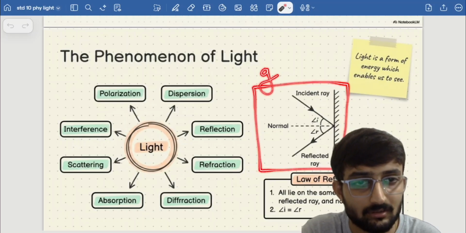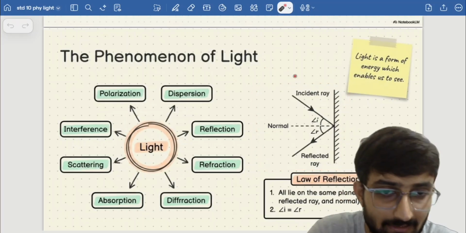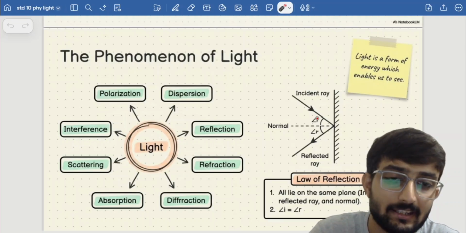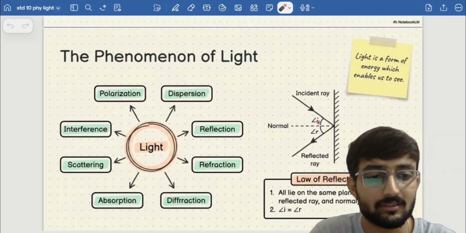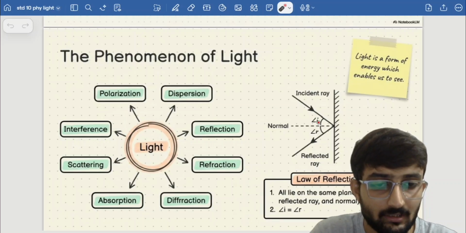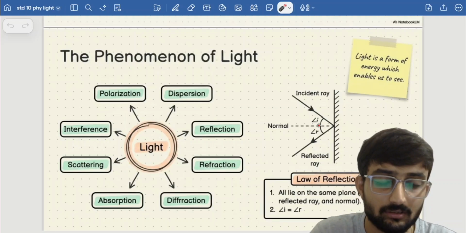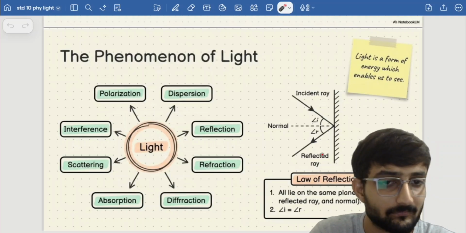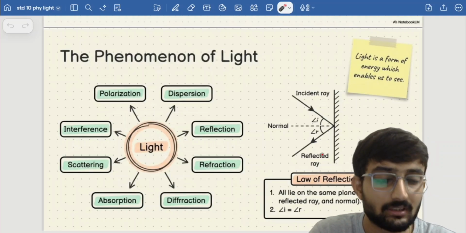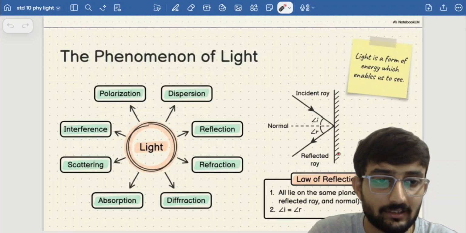I'm talking about a geometric plane. The incident ray, the normal and the reflected ray all lie on the same plane. The second rule gives the relation between the two angles. I'm talking about the reflection angle and the incident angle.